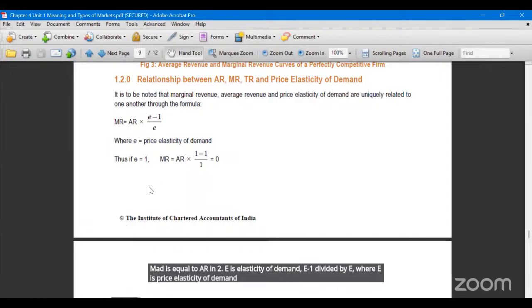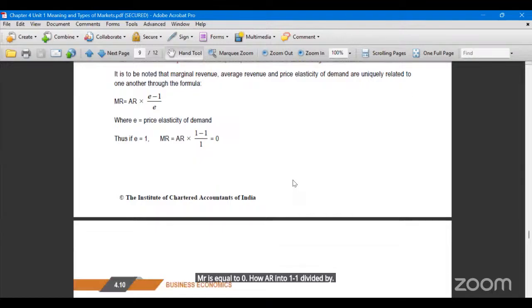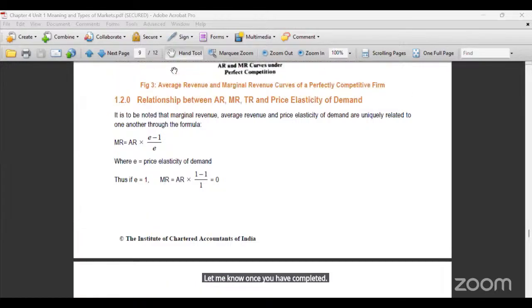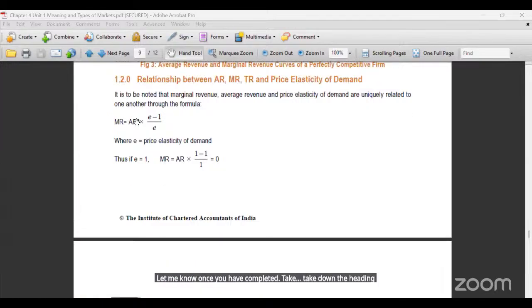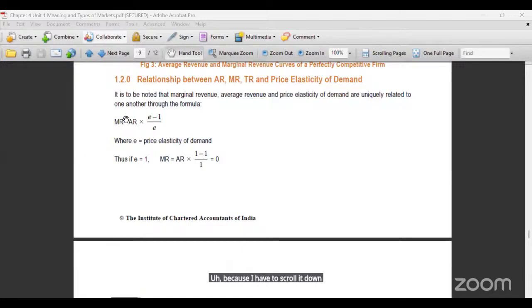Thus, if E is equal to 1, MR is equal to 0. How? AR into (1 minus 1) divided by 1. I want you to write down this. Let me know once you have completed. Take down the heading and then write down this formula because I have to scroll it down further.